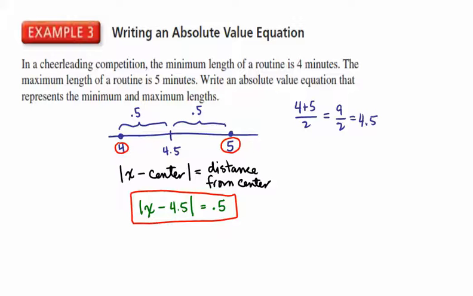So again, with an absolute value equation, we're going to isolate first, which we have, and then we're going to set up two equations, x minus 4.5 equal to 0.5, and x minus 4.5 equal to negative 0.5. Solving, we add 4.5 to both sides.